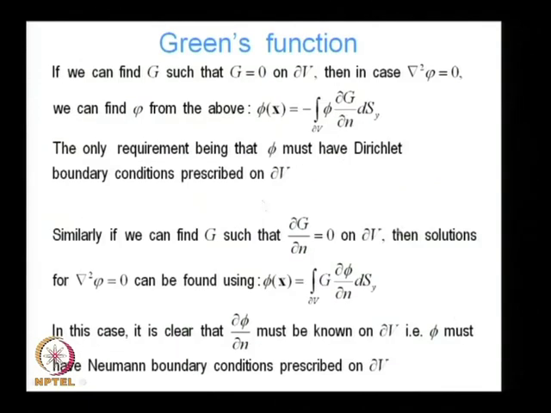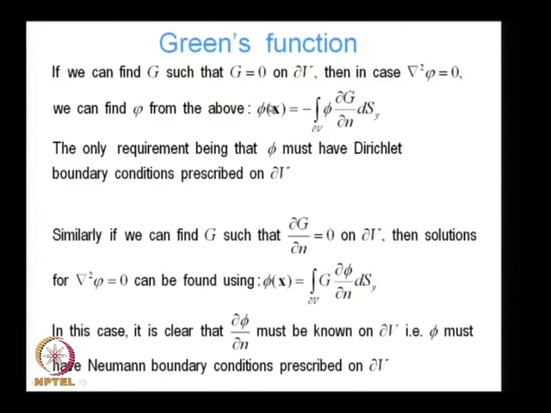So, if g is equal to 0 on del v, then I can find phi x is equal to minus phi del g del n dsy. So, if I know phi on my boundary, I know g, then I can find out phi x.